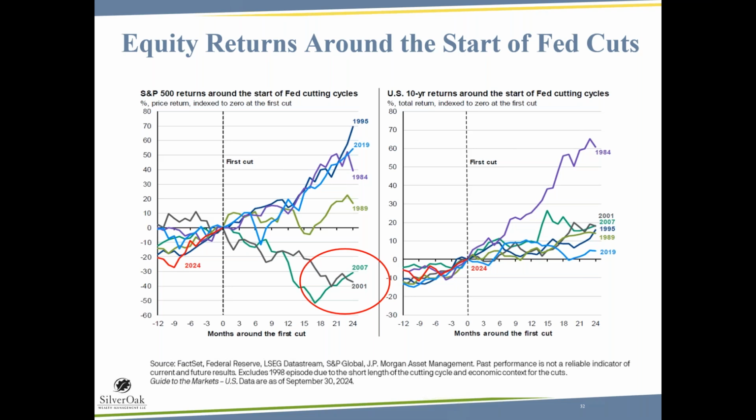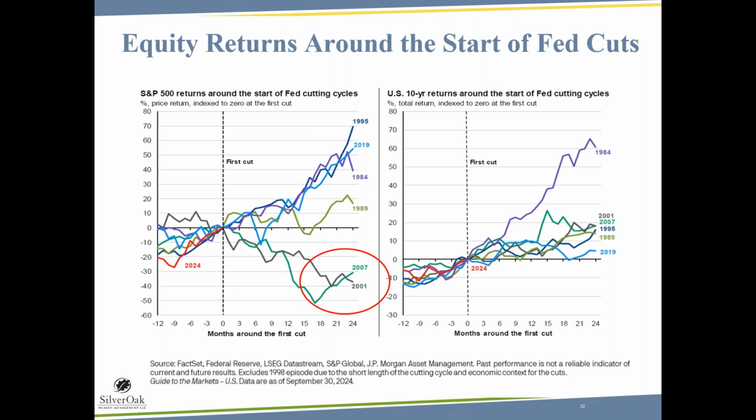And so when we look at our current scenario, it's really important to glean where the economy is heading. If the economy doesn't stall out and go into a mild recession, we're probably looking at pretty good equity returns. And so at the far right on that left chart, that's 24 months after the start of the rate cut. So we're at the very, very beginning stage of this process.